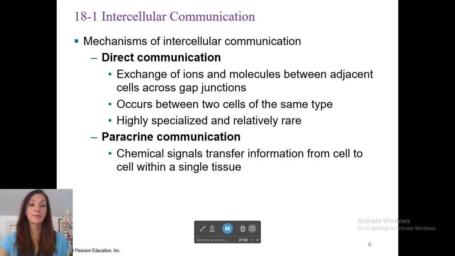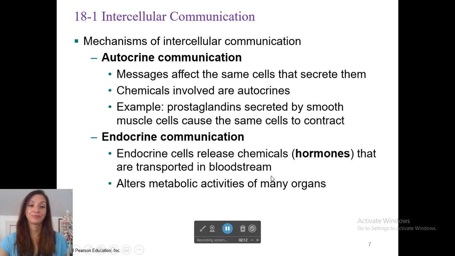The next type is paracrine communication. And with paracrine communication, this means that the chemicals that are released are having an effect in a local area, so within the same tissue that they are released from. And we will look at examples of that later on as well.